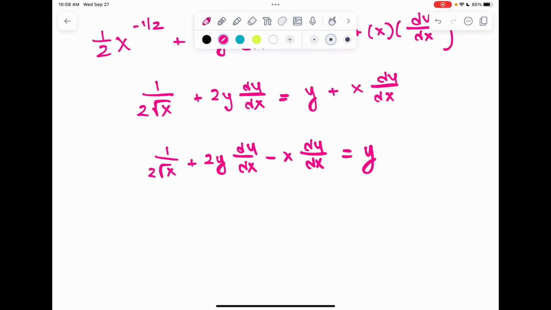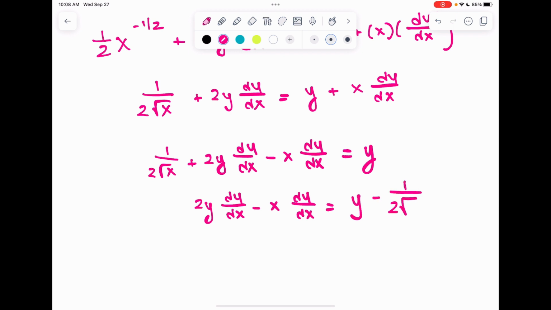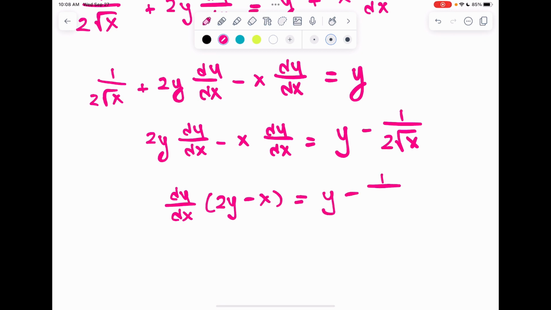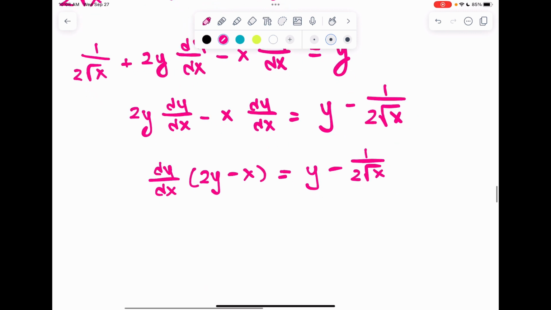I've got to move that 1 over 2 radical x to the other side. Okay, we want all dy dx terms on one side, anything without dy dx on the other side. Similar to another problem we saw in this video, let's factor out the dy dx. And now we're going to divide to get dy dx by itself.